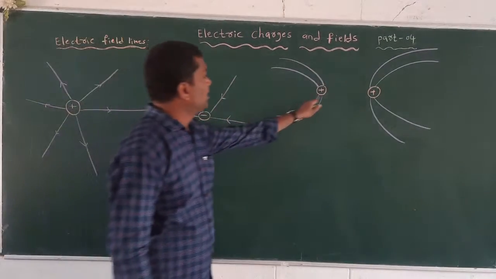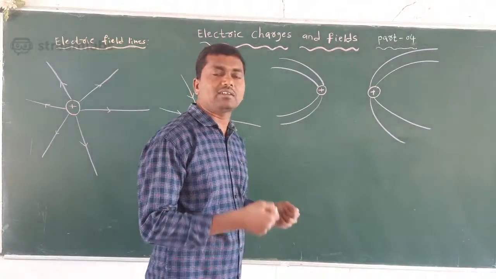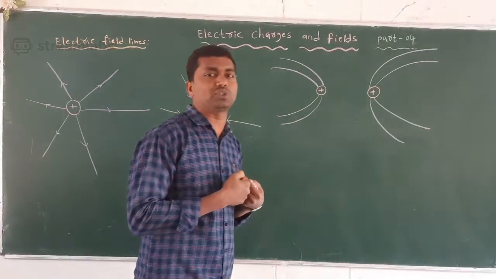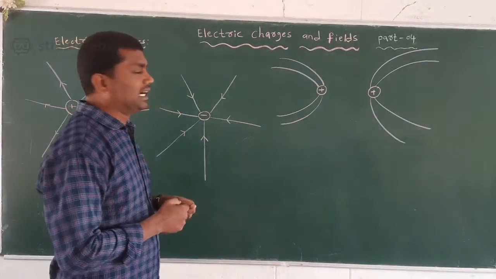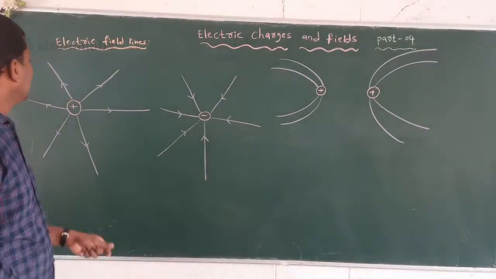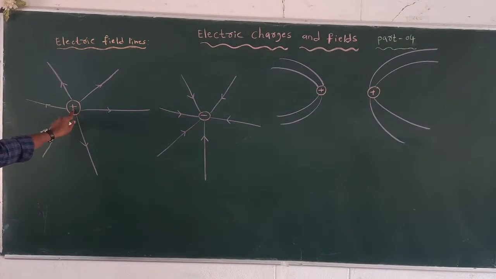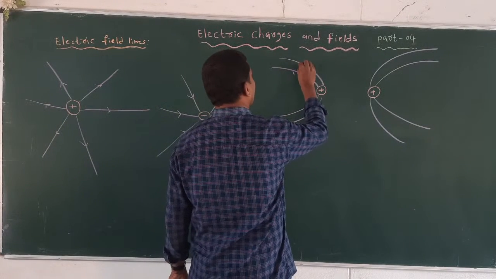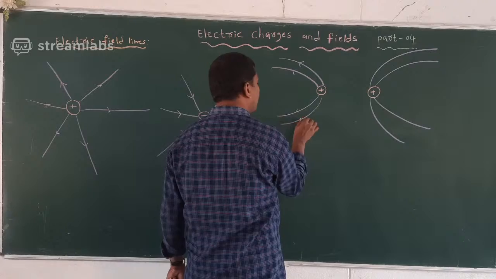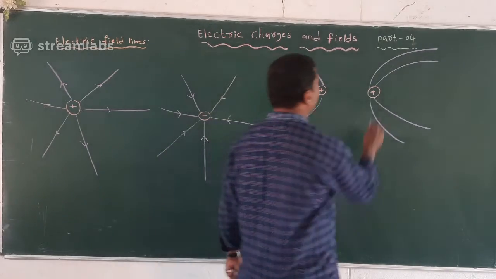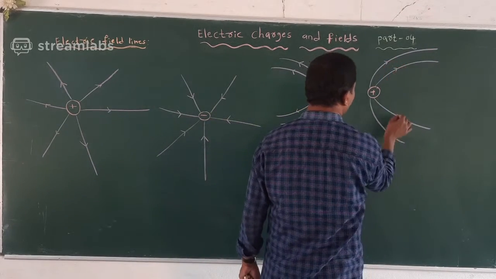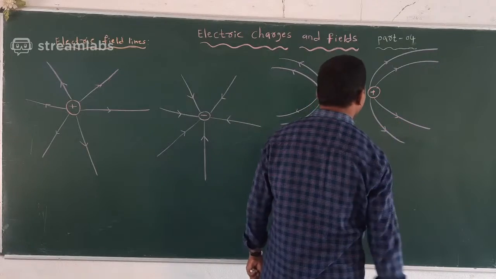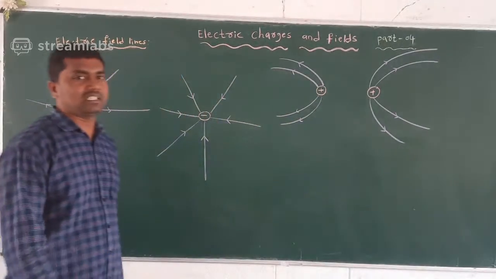This is like charges, and like charges produce a repulsive nature. The direction of field lines in the positive charge is outward from the point origin. I will draw the arrow marks outward, away from the point charge. So these are the electric field lines in like charges, positive.